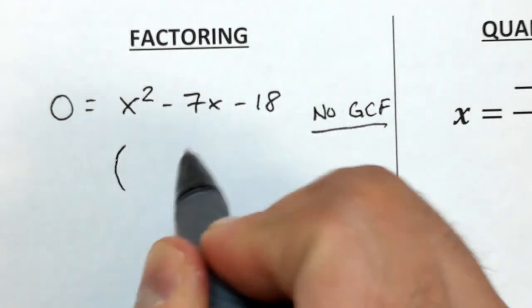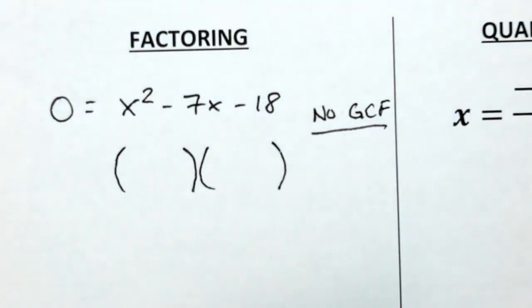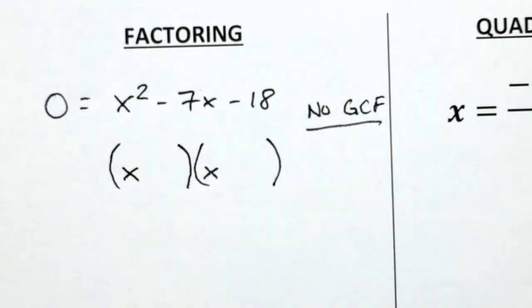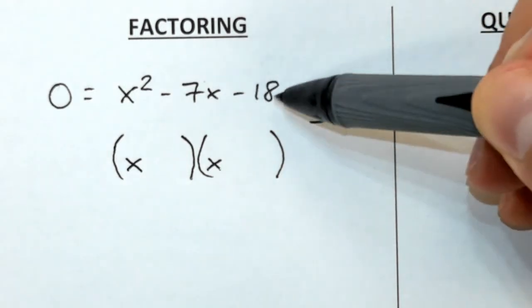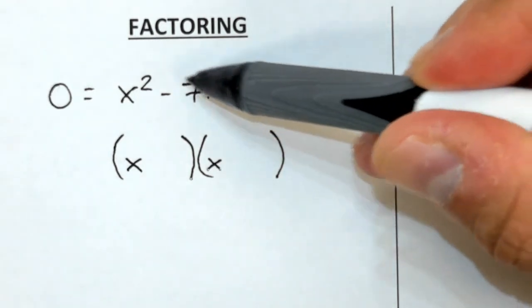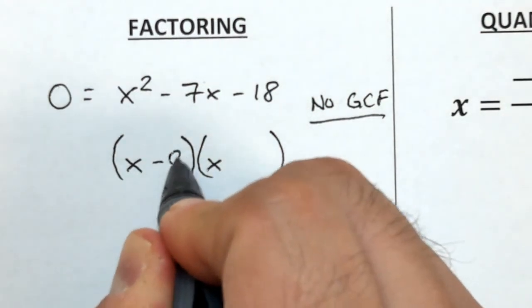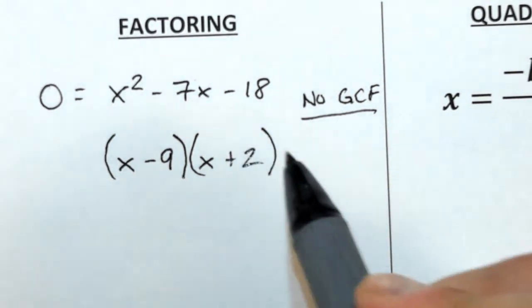So let's try it. I'll create my two parentheses and lead them off with x and x. Remember, we need two factors that multiply to negative 18 and add up to negative 7. So this will be negative 9 and positive 2.